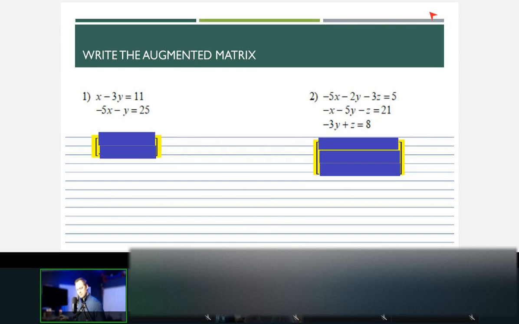All right, what is the row of number 1? First row. One, negative 3, 1, 1. All right, what about row number 2?